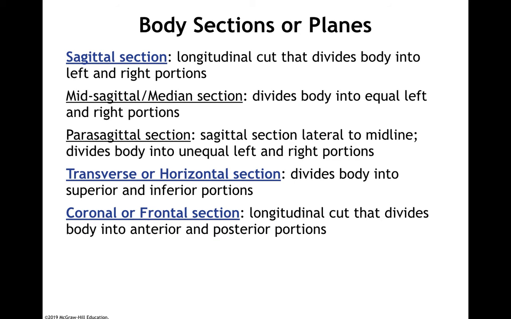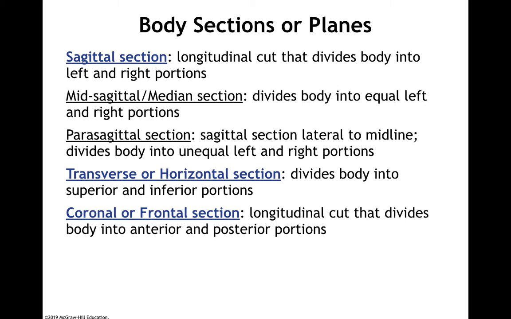So there are sections and planes, and sections and planes used to be really a big deal about what the difference was, but with modern imaging, it's become possible to have planes that look like sections. So in any event, a plane is traditionally an axis you could cut on, and a section is an axis that you did cut on.